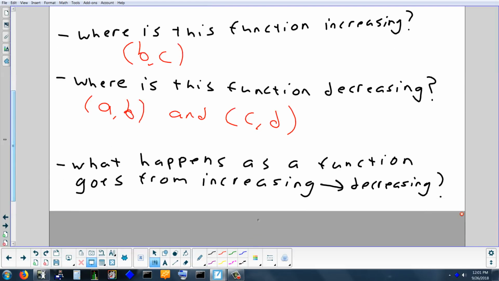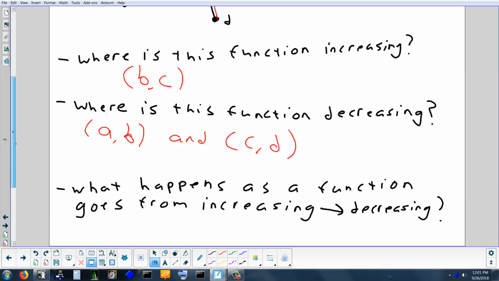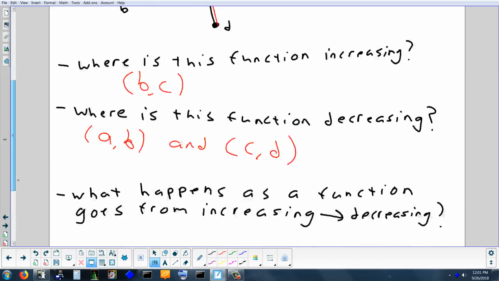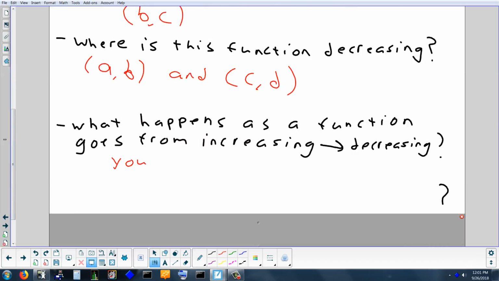So look back up at the picture. As you go from increasing to decreasing, what happens? Increasing to decreasing. What do you call point C? Yeah. Maximum. A local maximum. Anytime you go from increasing to decreasing, you get a local max.